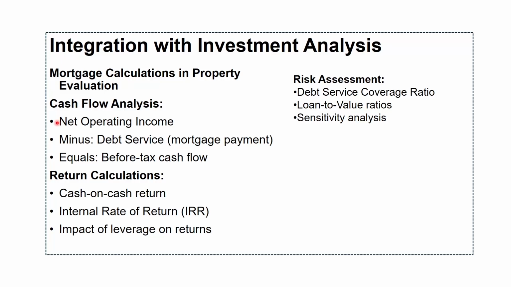Then going with integration with investment analysis. So, mortgage calculations are vital for property evaluation. Cash flow is one of that. So, net operating income minus debt service, mortgage payment equals before tax cash flow.